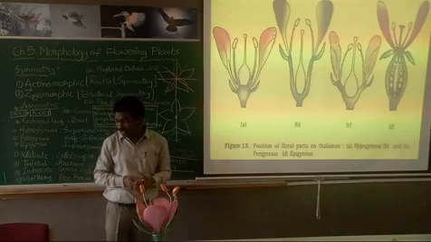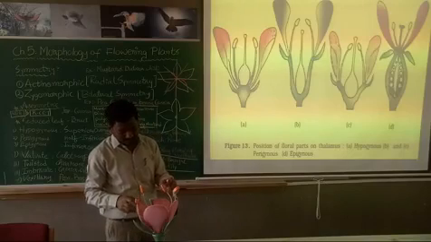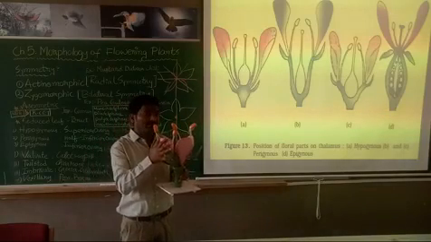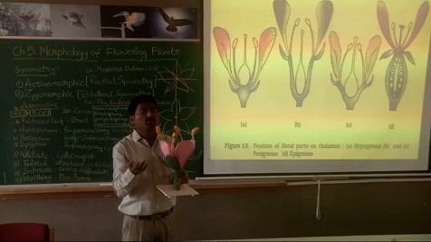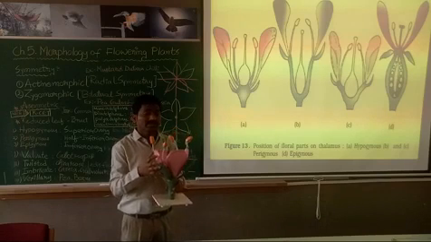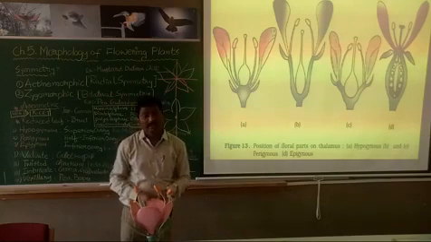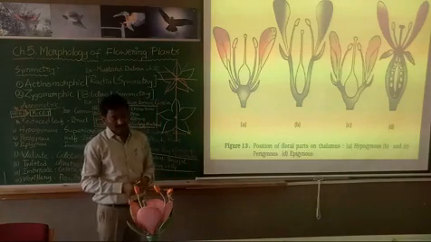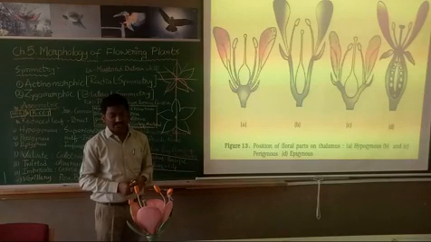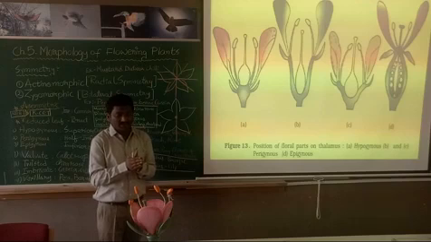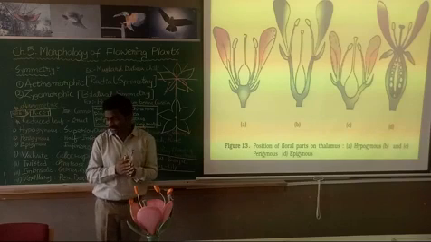Then I would like to tell you one more important example here. In some flowers calyx and corolla are not differentiated into two parts. Those two present together are called perianth. Example, lily flowers. In lily flowers we can't see calyx separately, corolla separately. They are present together, named as perianth.